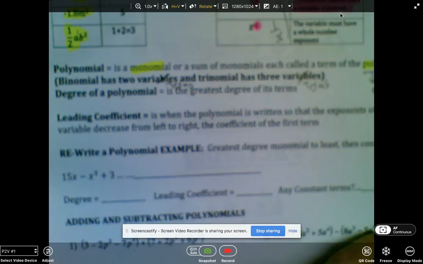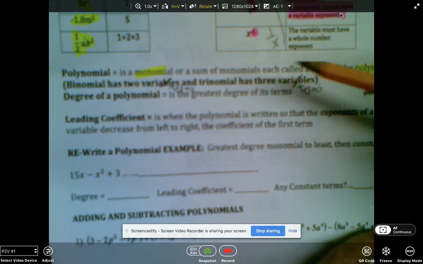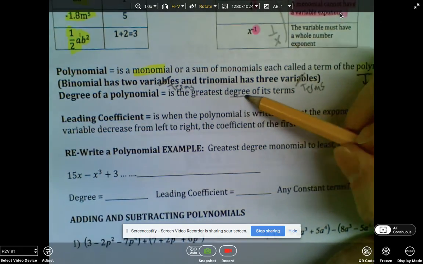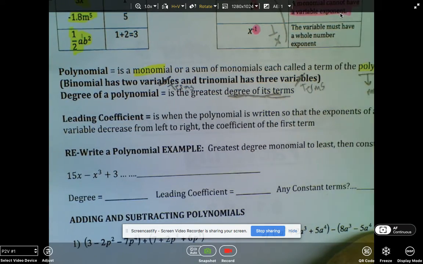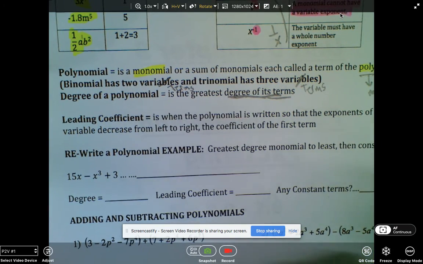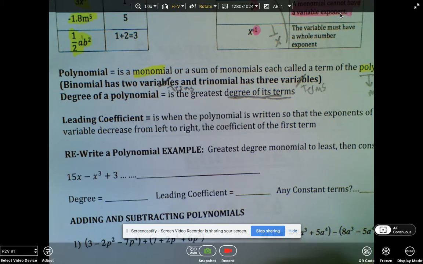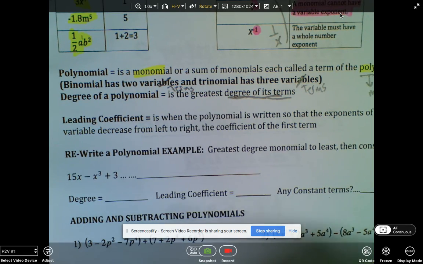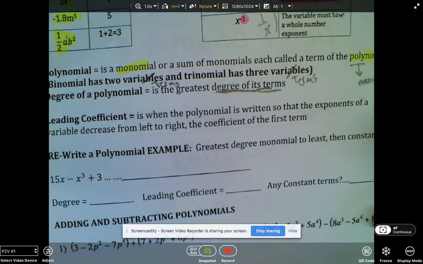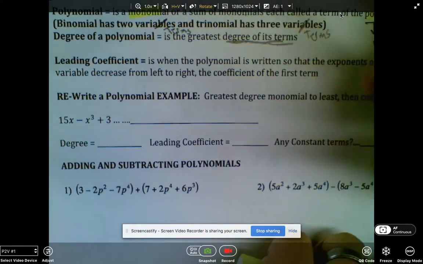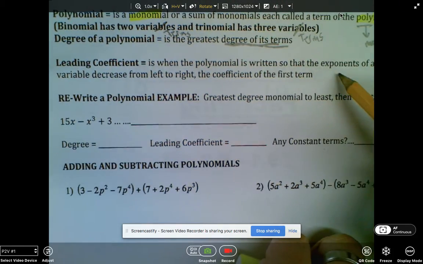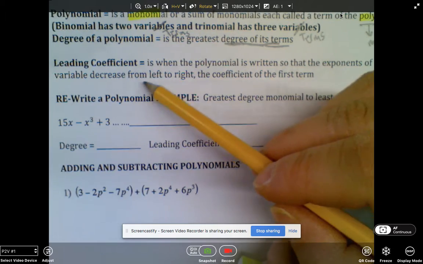The degree of the polynomial is the greatest degree of its terms. So the greatest monomial degree is the degree. Trust me, this sounds pretty intense with all these terms, but when you actually see the examples, it's much easier. The leading coefficient, when we're talking about polynomials, is written so that the exponents of the variable decrease from left to right.